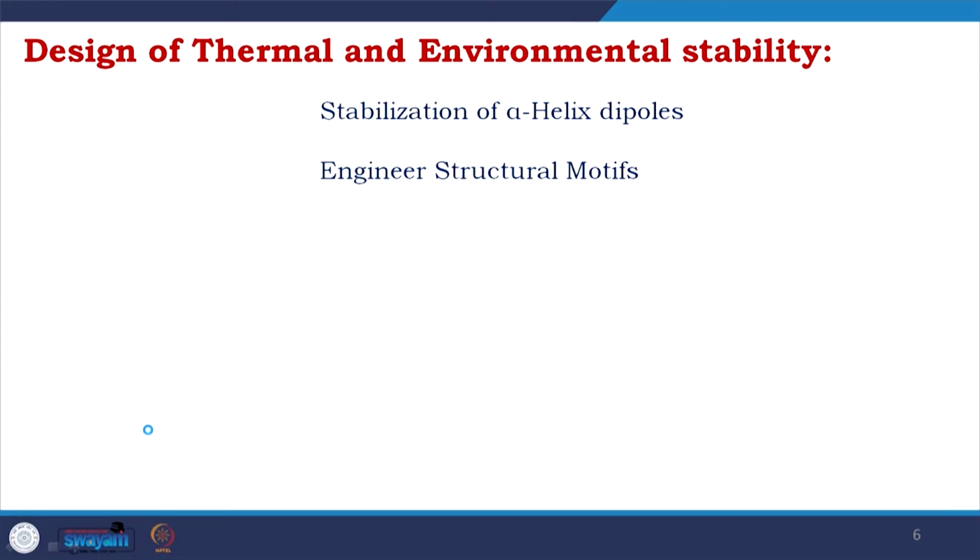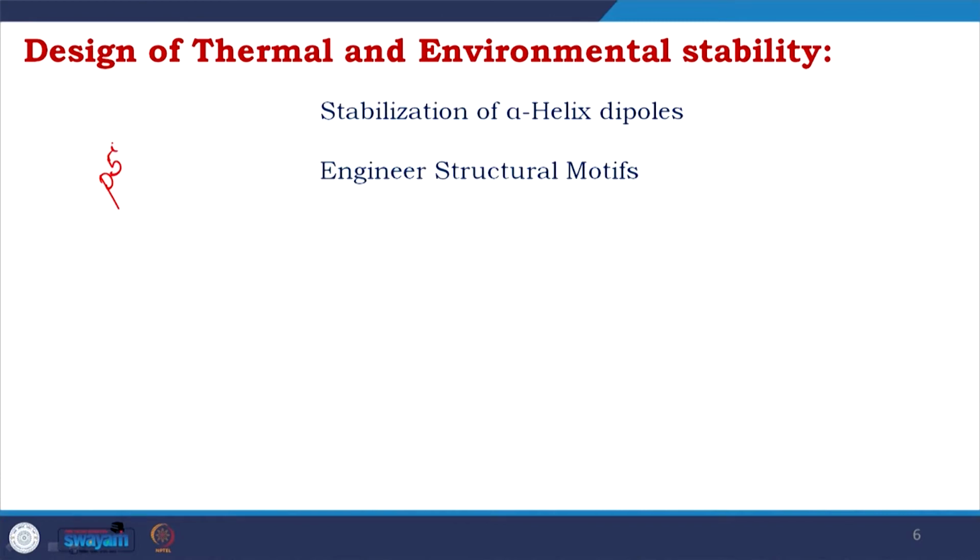You could engineer structural motifs and do very interesting, creative engineering, like making a protein oligomerize. A common strategy people use is to take the tetramer-forming unit of the protein P53 and attach it to another protein.